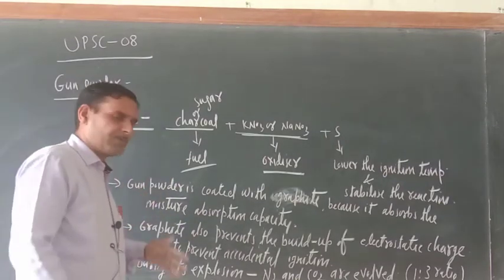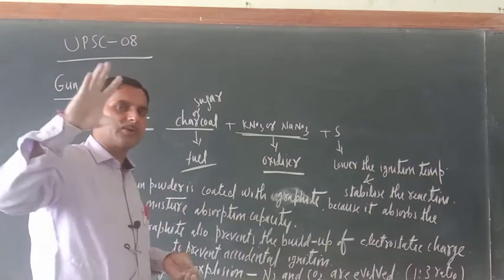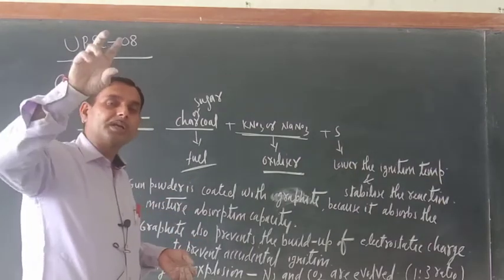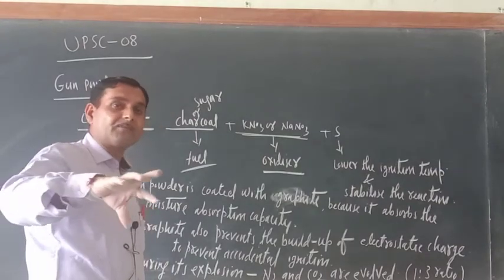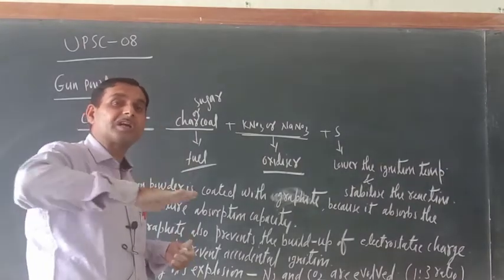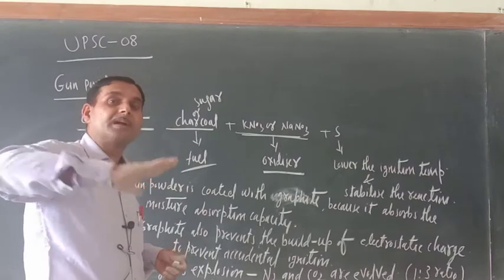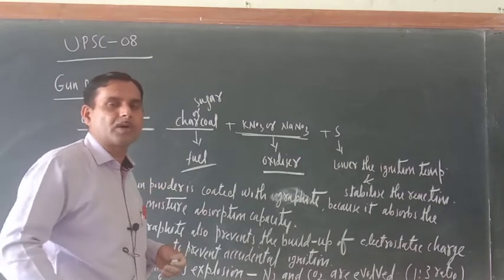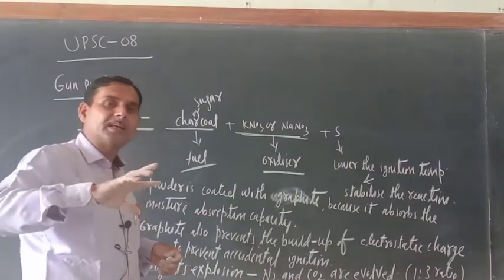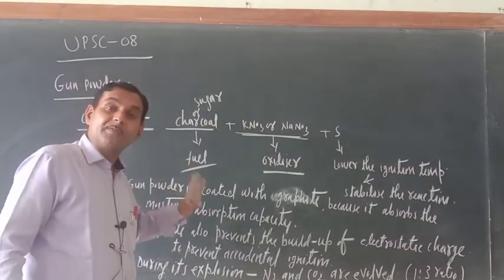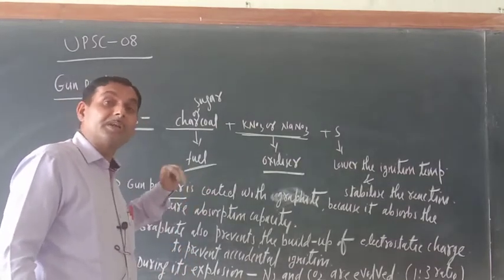Second thing, try to understand. In gunpowder so many chemical substances are used. Sometimes, due to the friction of air, charge builds up on the granules of gunpowder. But if it is coated with graphite, it will prevent the build up of charge.